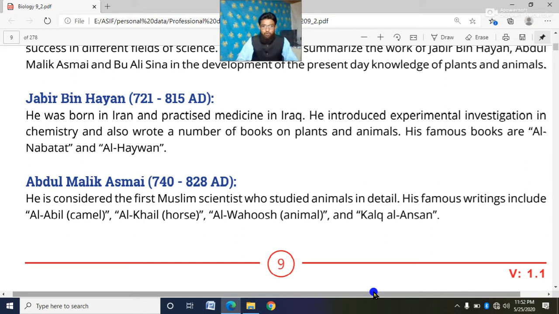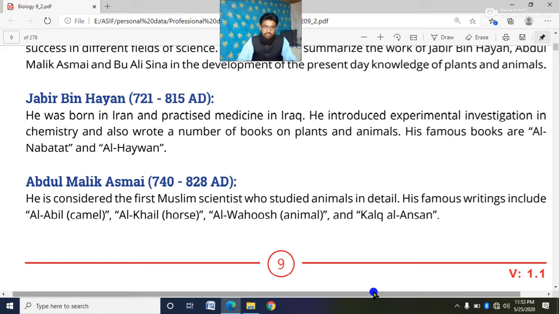His famous writings include Al Ibil, which means camel. This is the name of his book. Next, Al Khayl means horse. This is also the name of his book. Al Wuhush means wild animals. This is also the name of his book.